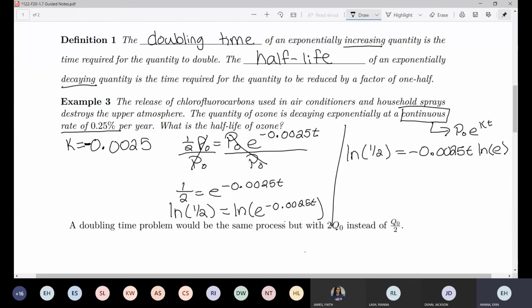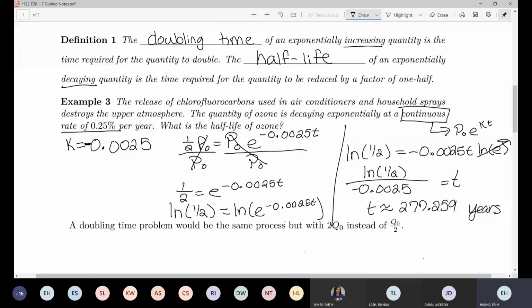If you want to recognize that the natural log of e is 1, go right ahead. So to solve for t, we just have to divide both sides by that rate. Plug that into your calculator.